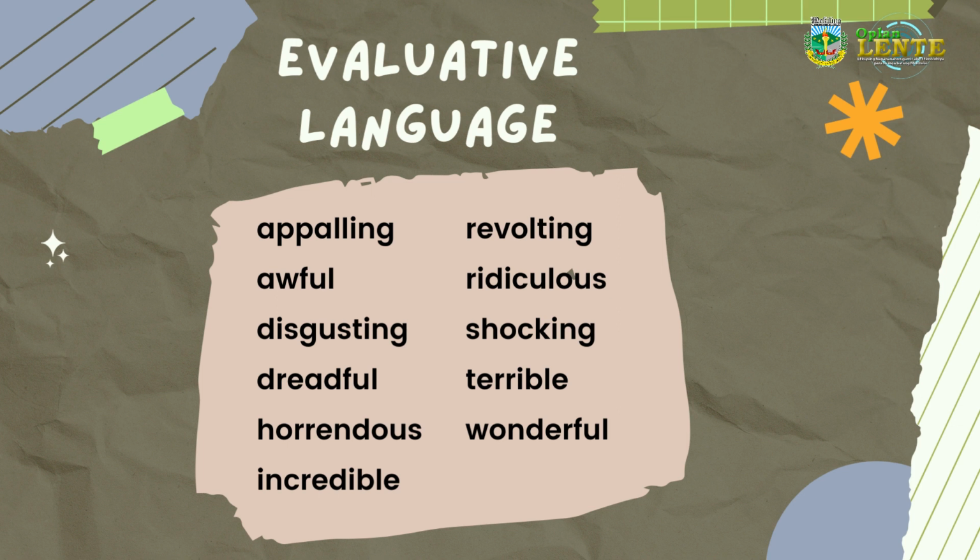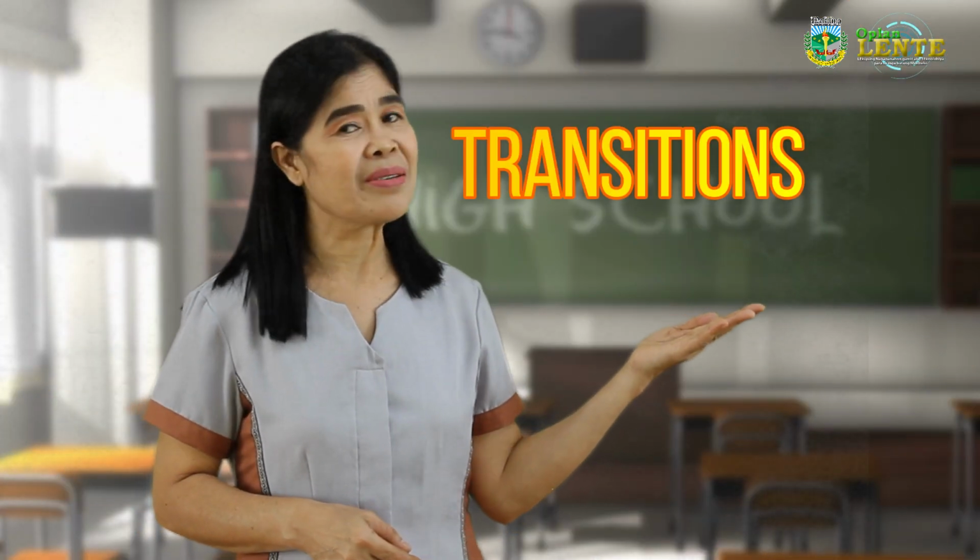Evaluative words, including the ones listed below, can have positive or negative effects on an idea. Appalling, awful, disgusting, dreadful, horrendous, incredible, revolting, ridiculous, shocking, terrible, wonderful. We also have transitions.